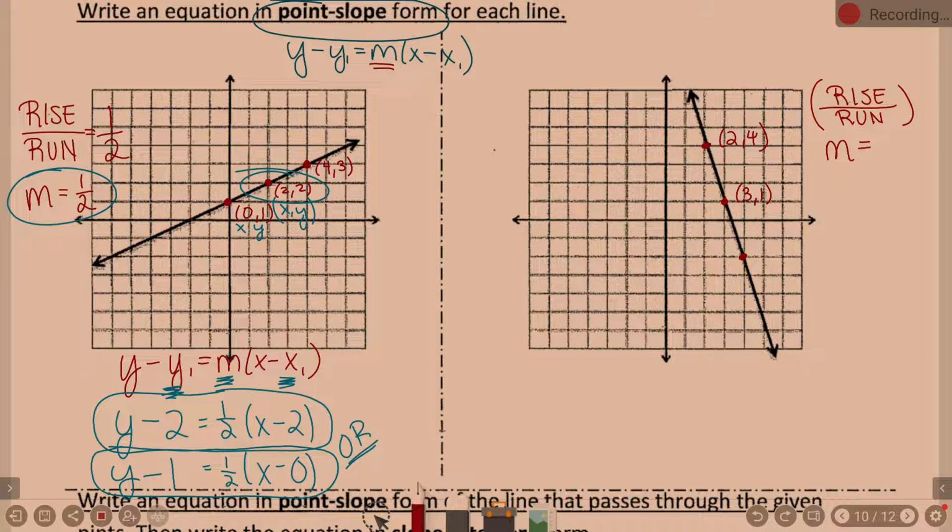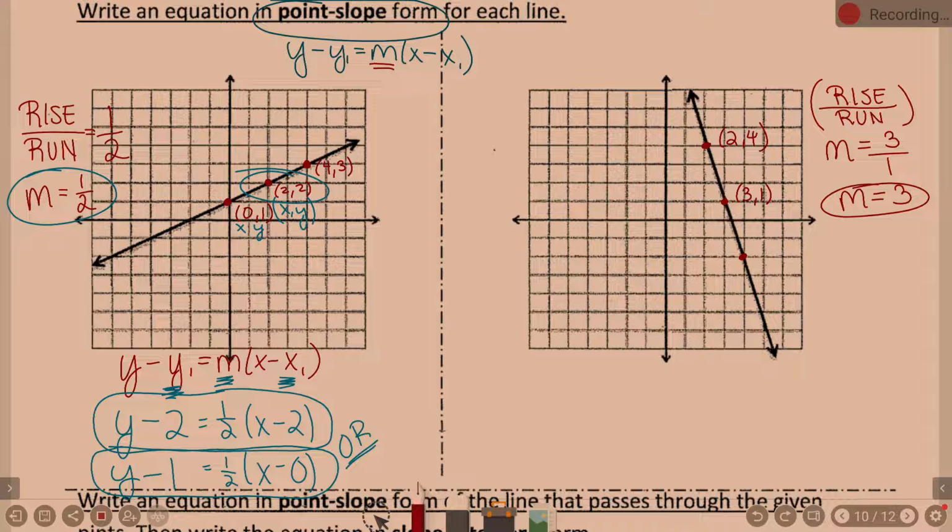I'm going to rise 3. How far do I run? Run 1. What is 3 over 1 reduced to? 3 divided by 1 is 3. So I can use m equals 3.